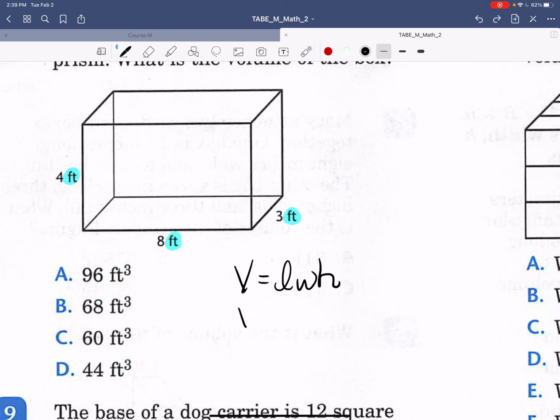All right, length is going to be 8. Width is going to be 3, and height is 4. And the formula says to multiply. 8 times 3 times 4 is 96 cubic feet. So number 8 is A.